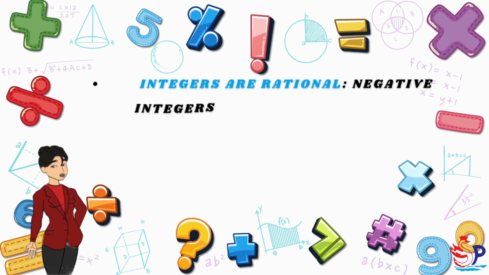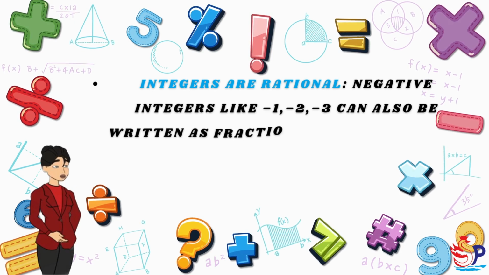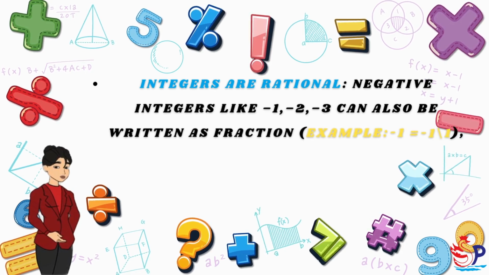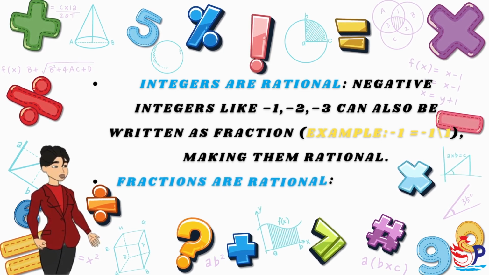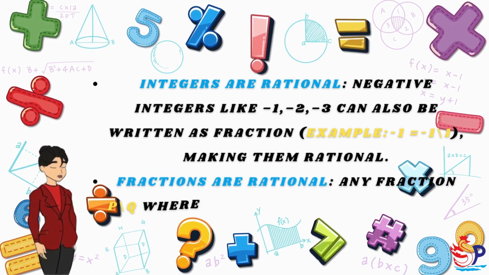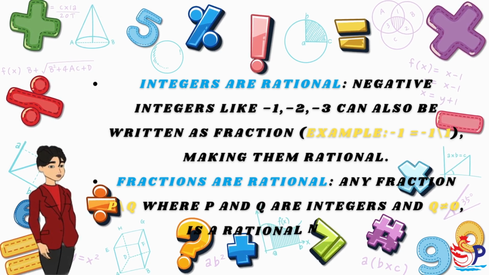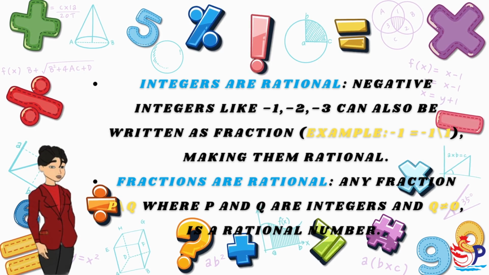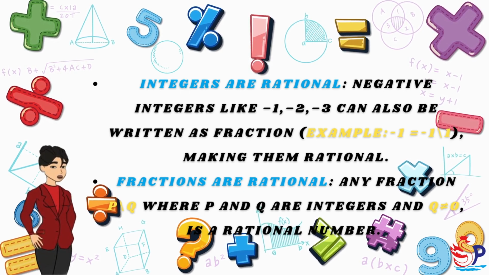Negative integers like -1, -2, -3 can also be written as fractions. Example: -1 is equal to -1 by 1, making them rational. Fractions are rational. Any fraction p by q where p and q are integers and q is not equal to 0 is a rational number.